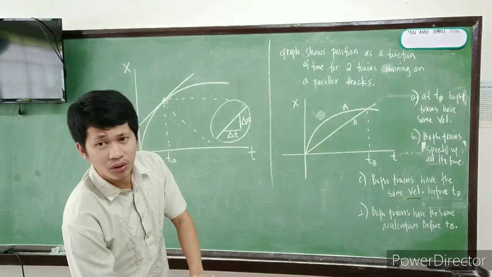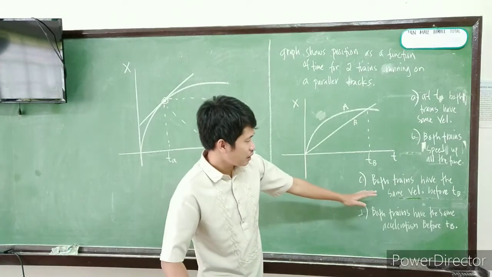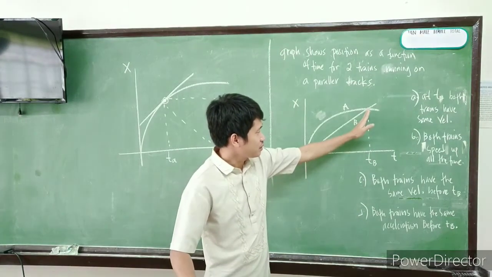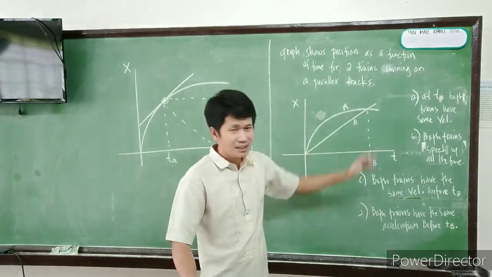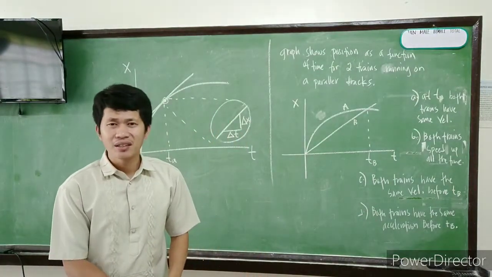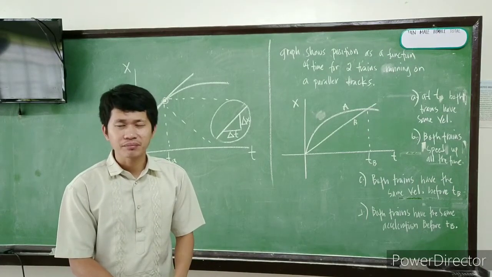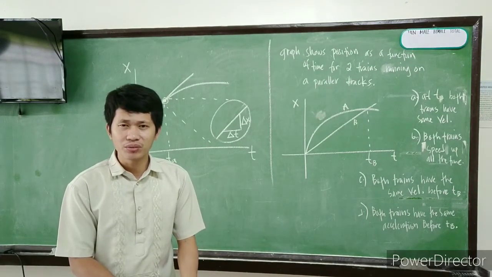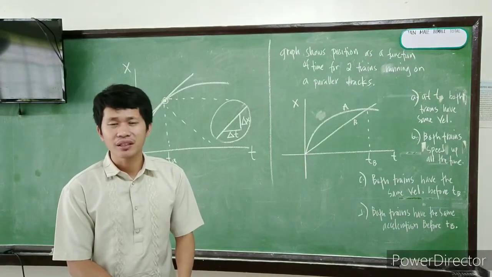Both trains speed up all the time. Okay? Or letter C, both trains have the same velocity before t sub b, or both trains have the same acceleration before t sub b. Okay? So, you can pause the video and then i-analyze nyo yung graph and then think about it. Right? Para masagutan nyo.